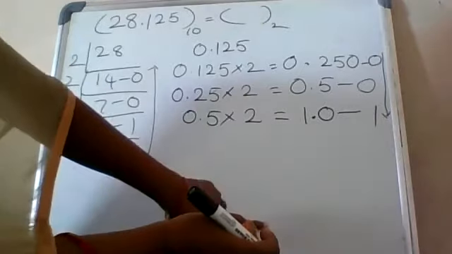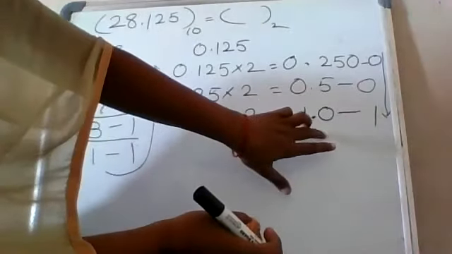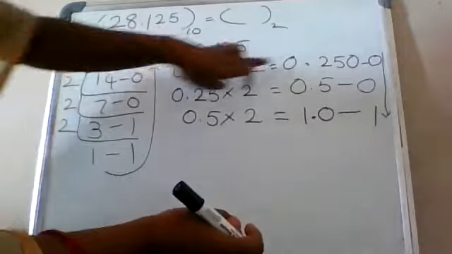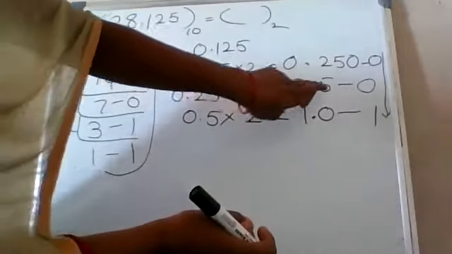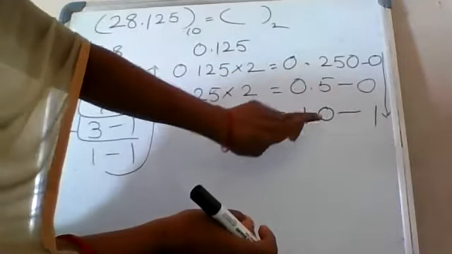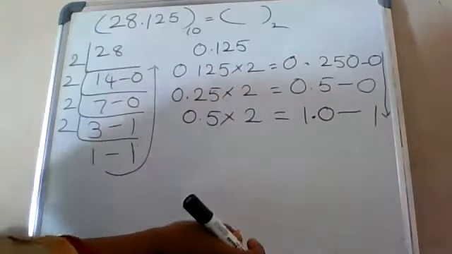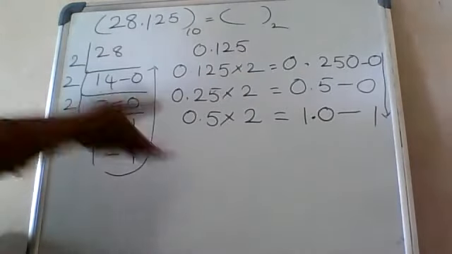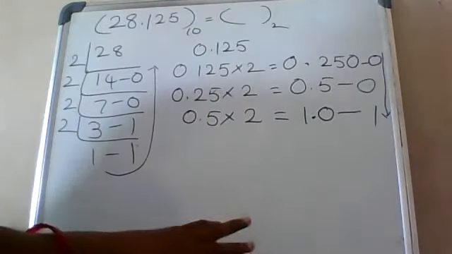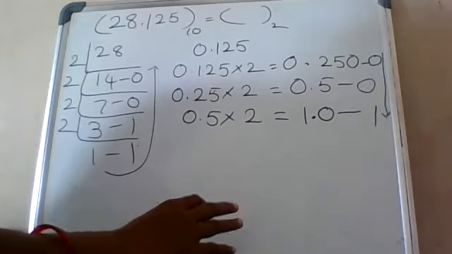But 3 digits after the point are enough, because 0.25, 0.5 and 1.0 keep repeating. So that's why we stop at 3 numbers. Okay.